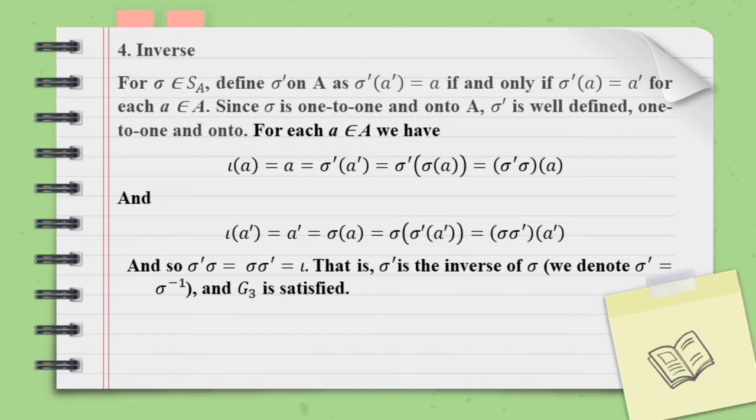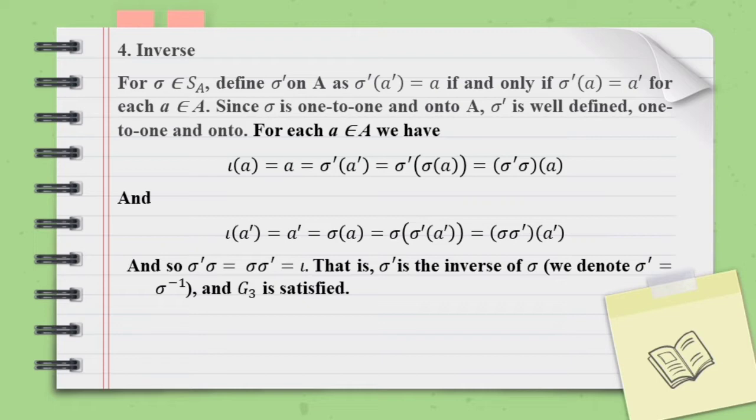Then finally, we prove the inverse. For sigma element of S_A, define sigma prime on A as sigma prime(a prime) equals a if and only if sigma(a) equals a prime, for each a element of A. Since sigma is 1 to 1 and onto A, sigma prime is well defined, 1 to 1 and onto.